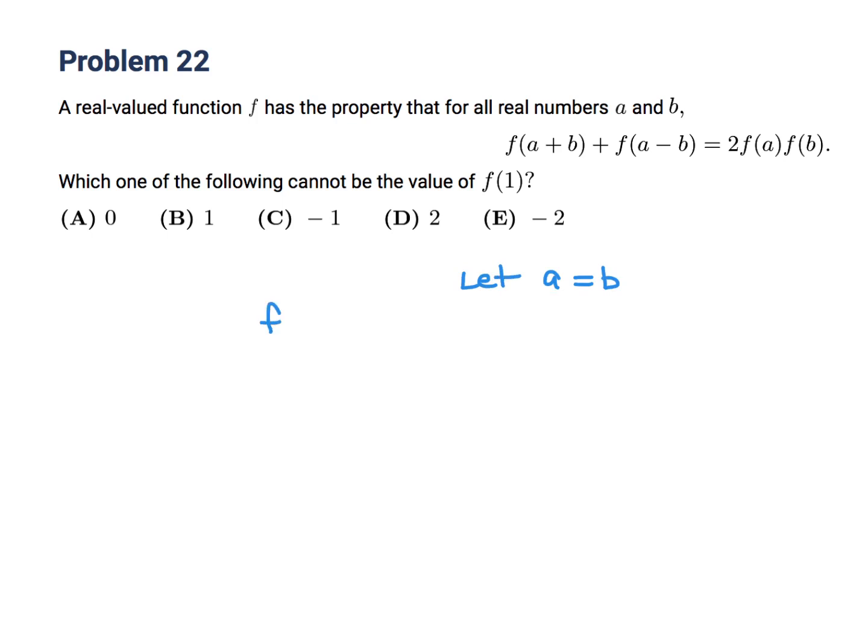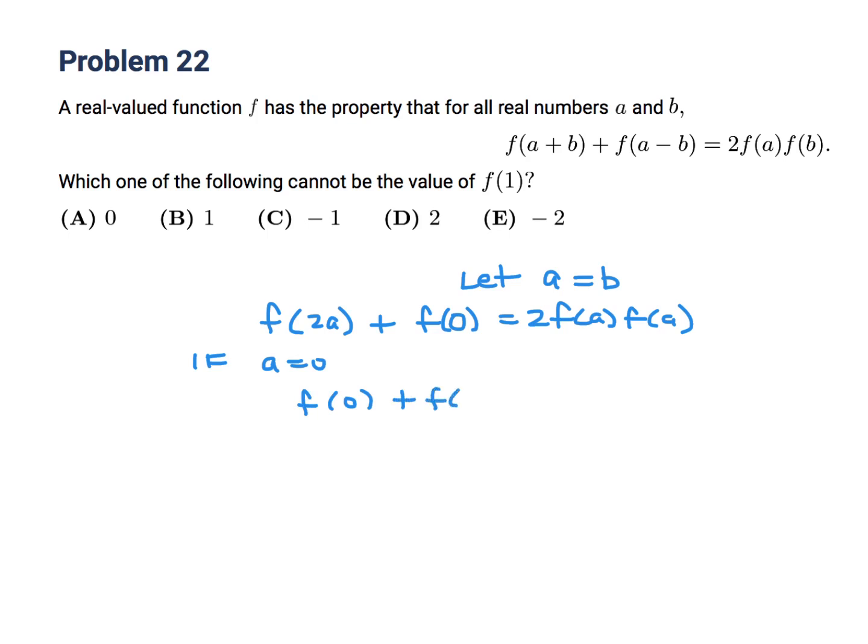So that equation then becomes f at 2a plus f at 0 is equal to 2 f at a times f at a. Correct? So if a is 0, this would basically become f at 0 plus f at 0 is equal to 2 times f at 0, I guess all squared.